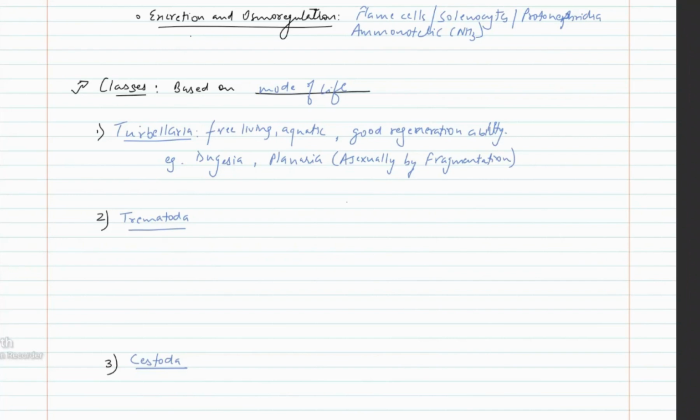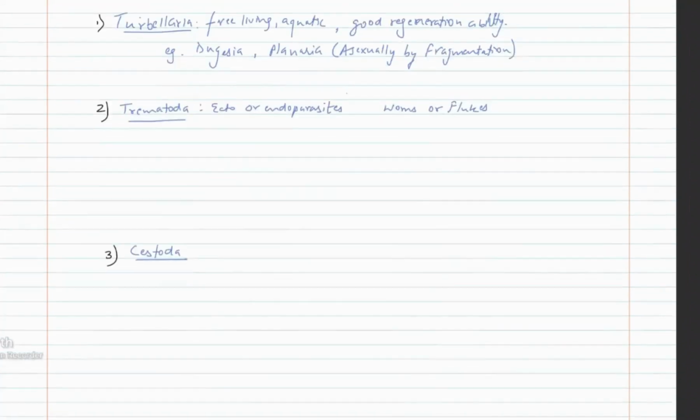In class Trematoda, these are mostly ecto or endoparasites, that is, they are not free living. They can be found inside the body or outside the body, and they are mostly worms or flukes. In Trematoda, we have examples such as Paragonimus, which is also called lung fluke because it causes infection in the lung.